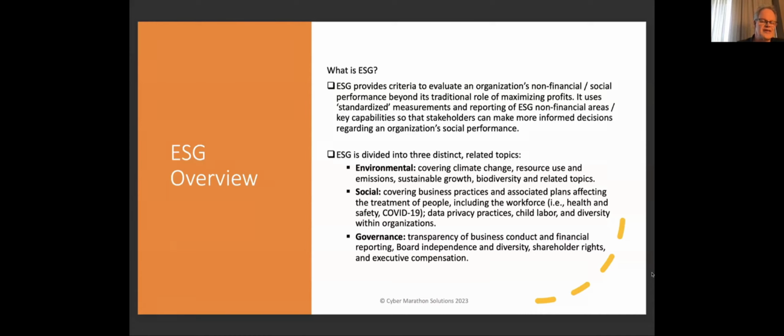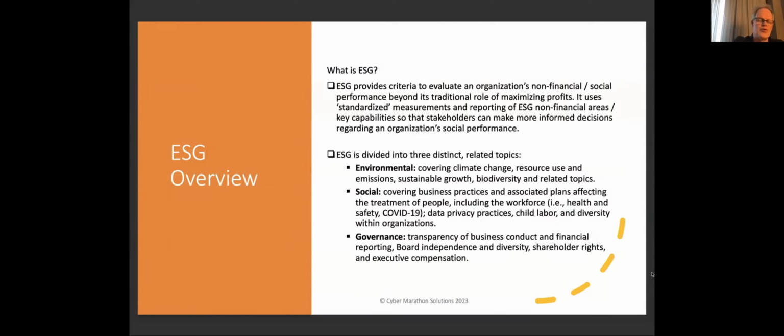So ESG today uses a standardized, and the reason I have it in parentheses is because one person's standardization is not another's, it uses standardized measurements to provide ESG scores for each of the third parties or fourth parties that you might work with.